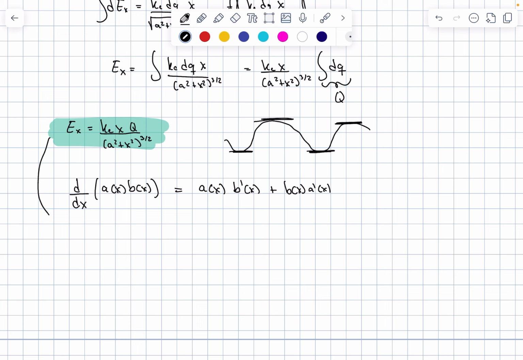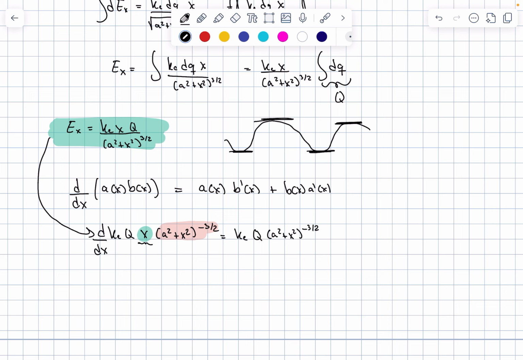All right, so here, I'm just going to rewrite this as keQ, and then we have x and (a squared plus x squared) to the power of negative 3/2. Now we take the derivative of this with respect to x, and the first thing we do is say, okay, these are two different things that have x inside them. So we're going to do keQ, and we're going to keep the pink one constant, so (a squared plus x squared) to the power of negative 3/2.